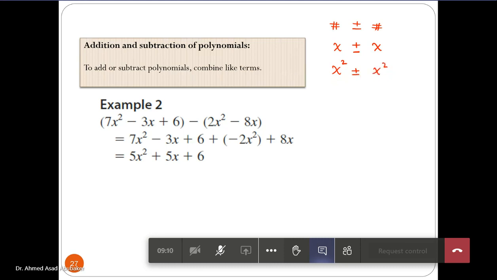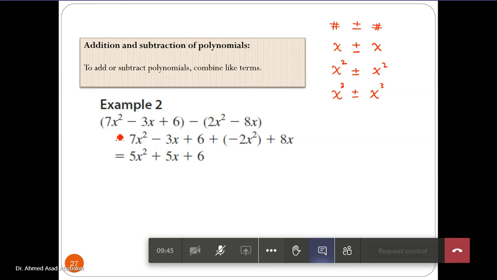We cannot add and subtract x squared with x, or x to the power 3 with x, or with x to the power 2. Each type you can sum with its own type. So if we have the same exponent, we can add or subtract two terms. Otherwise, we leave the terms as they are.